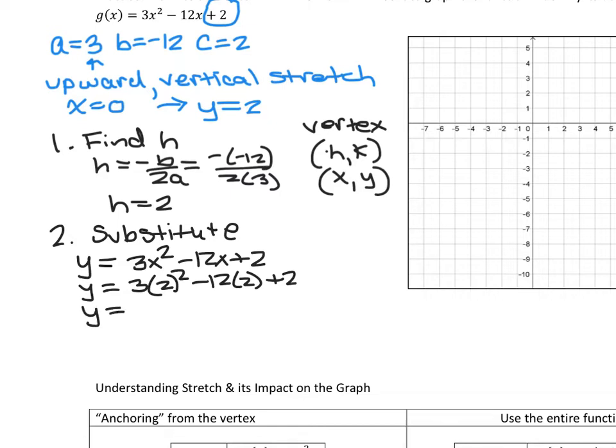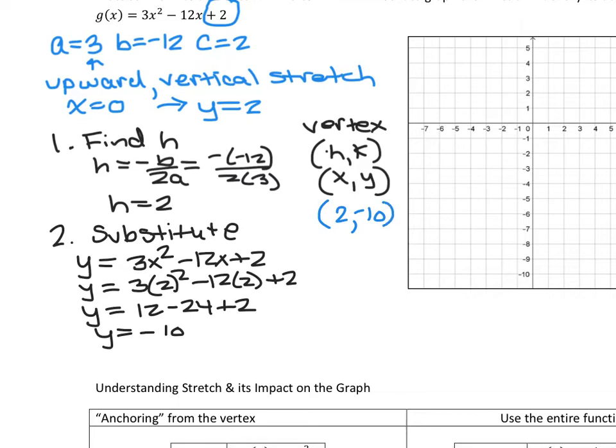I have to perform my exponent first, so this is 3 times 4, or 12. And if I sum these numbers together, I get negative 10. And so that negative 10 is our k value. It is the y, or the output, when x is at the vertex. So I'm going to go ahead and write this over here. Our vertex now we found is at (2, negative 10).